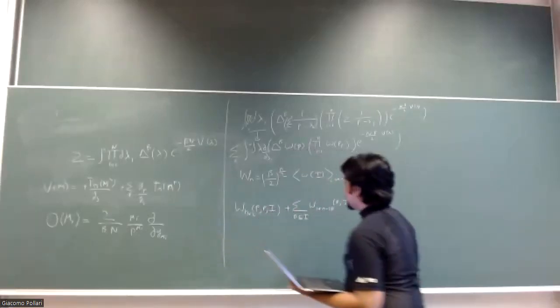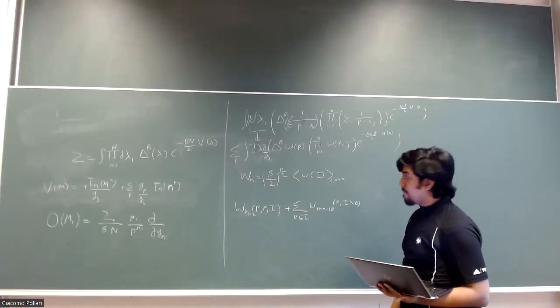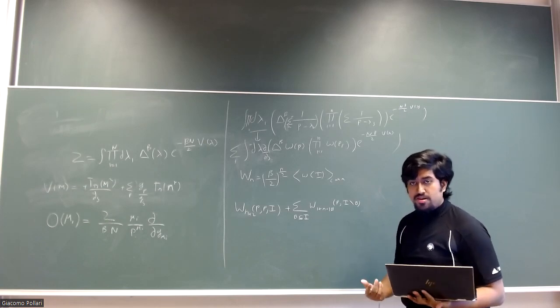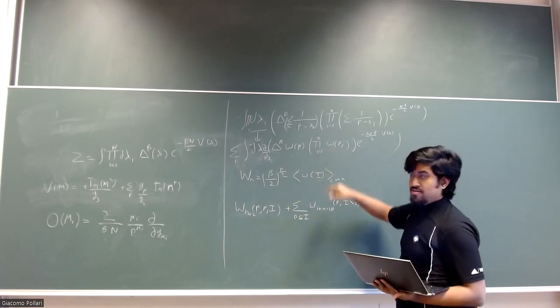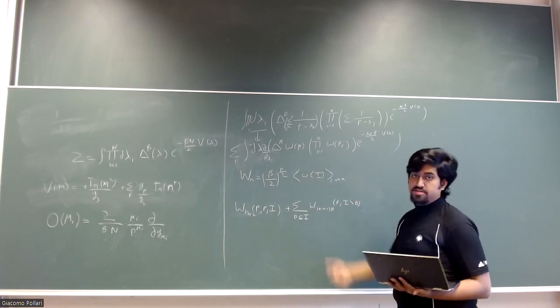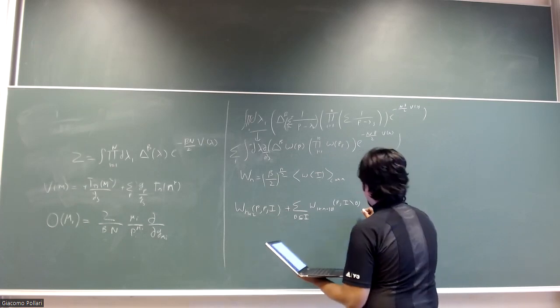Capital I is some index set, or argument set. It's just all of these, the set of all points that have been inserted.